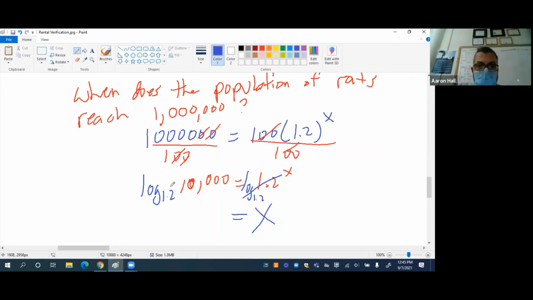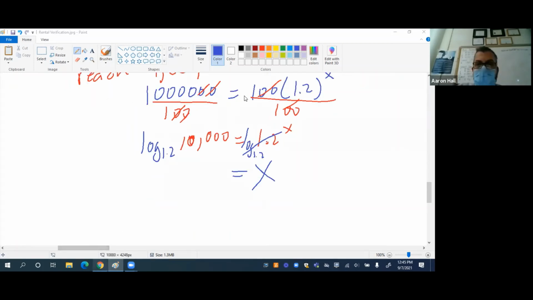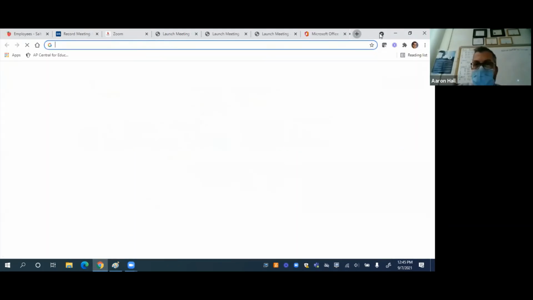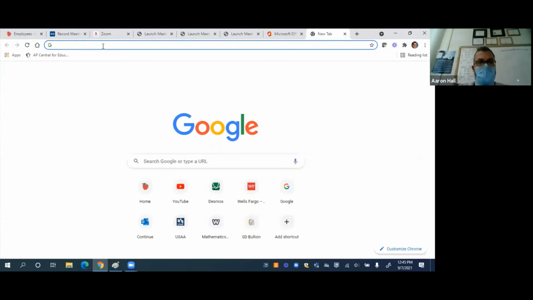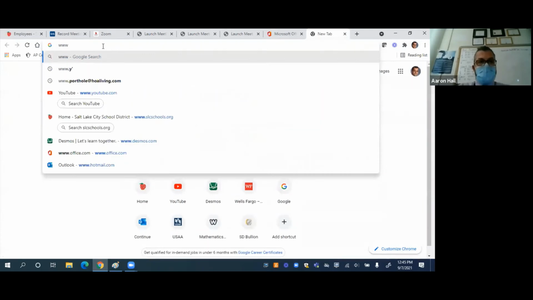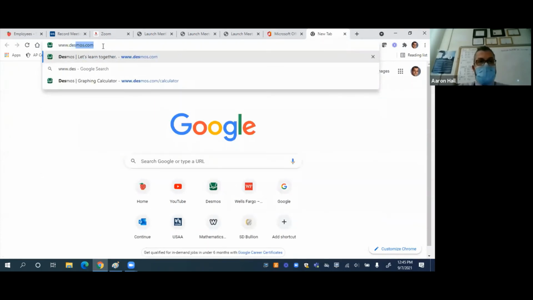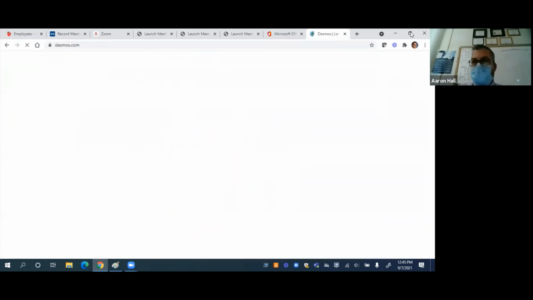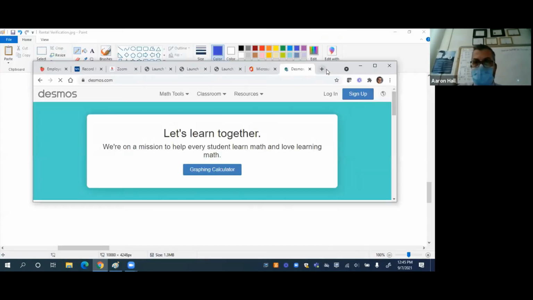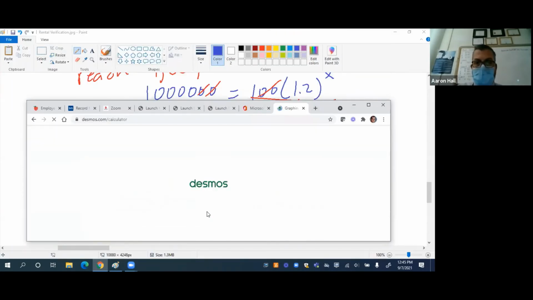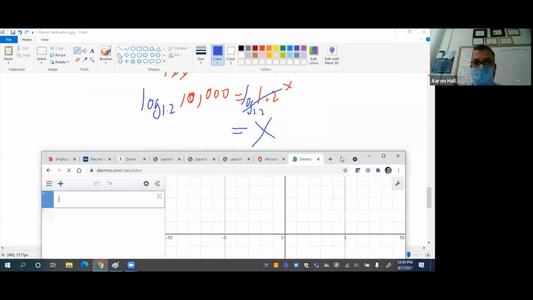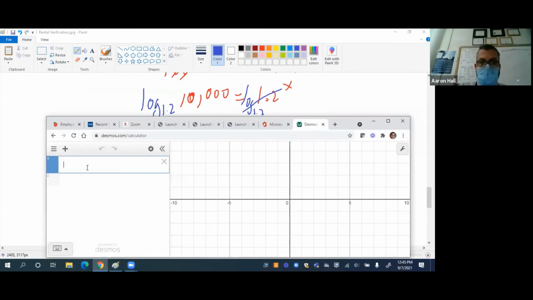Google is a calculator. Actually, I'm going to use Desmos. I really do like Desmos, and you should get used to Desmos. It's a great resource. I'm going to type in log. Do you guys know how to do a base?